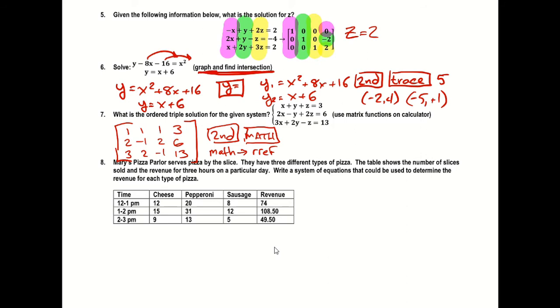That'll bring you back to the main screen and you'll have REF with the parentheses waiting for you. And then we're going to hit alpha, zoom. And that's going to bring up our matrix form, and we want a 3 by 4.